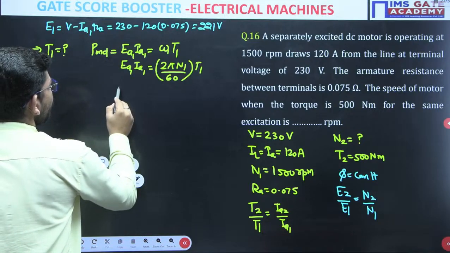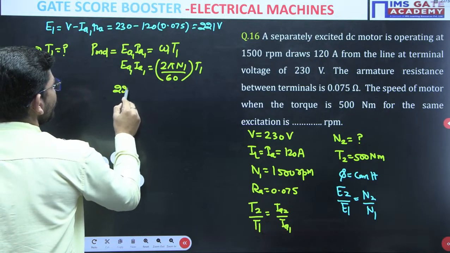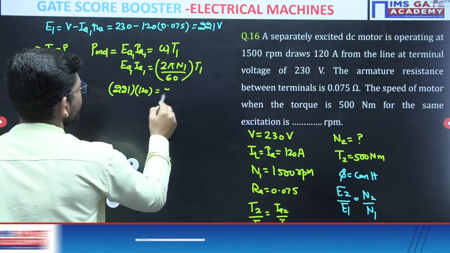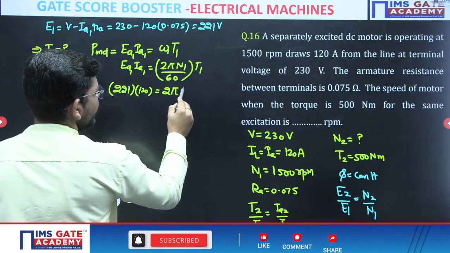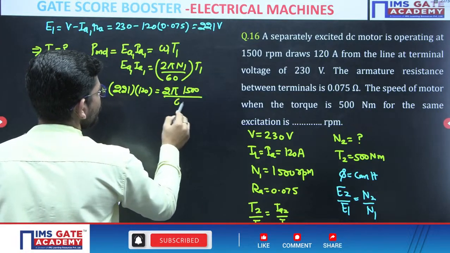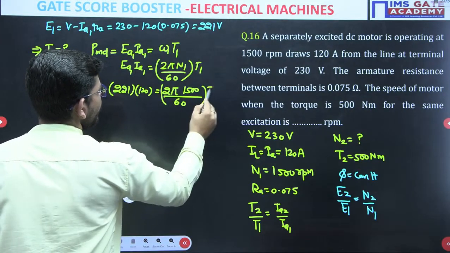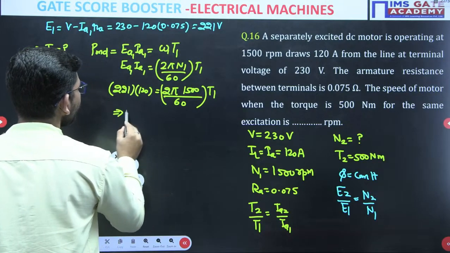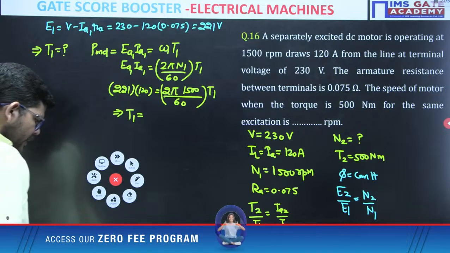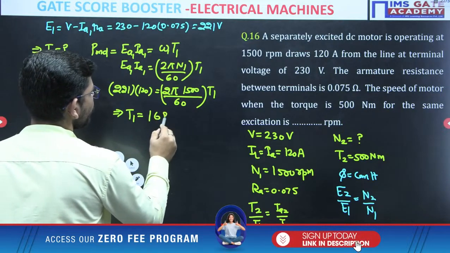Do we have all the values? EA1 is 221, IA1 is 120, 2 pi N1 by 60 is 1500 upon 60, and T1. From here you will get the value of T1, and what I am getting is 168.91.